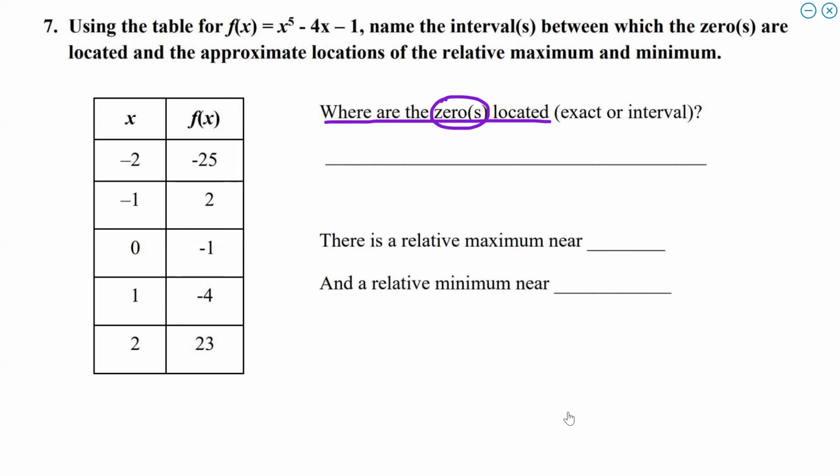So where do you see on here that it switches signs? In between -1 and 2. So I need the x's that fall in between. That falls in between what? Yep, so between -1 and 0. Is there anywhere else that you see it switching signs?